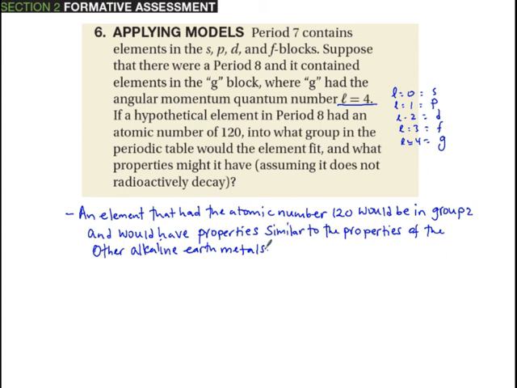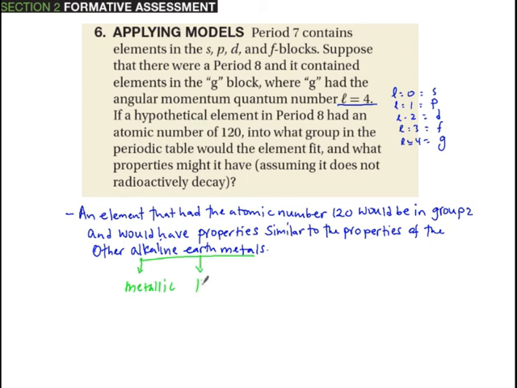If it is an alkaline earth metal, the element will be metallic. Alkaline earth metals are characterized by being metallic. What else?